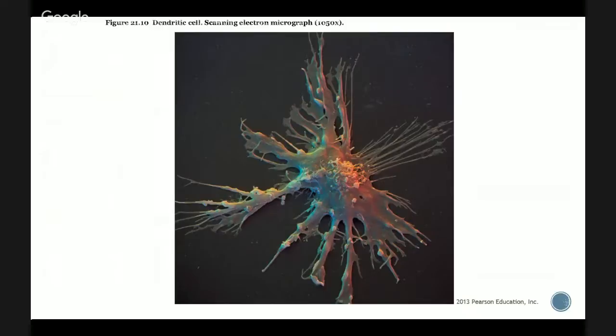Macrophages are found in the lymphoid organs and connective tissues. When the macrophages present antigens, they activate the T cells. And then the T cell is going to say, hey, thanks for showing us.